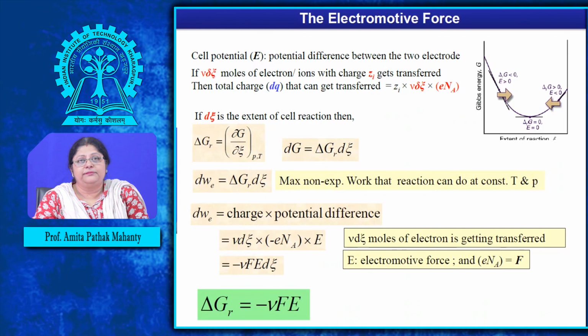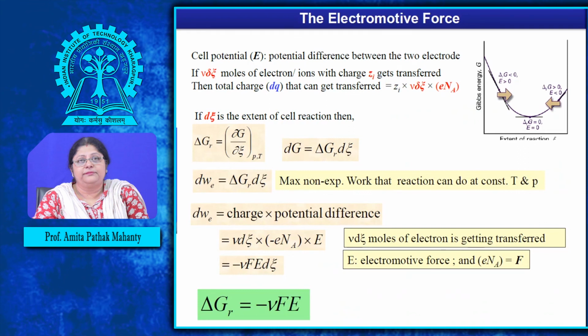The stoichiometric coefficient times the number of moles, with a charge Zi. So the total charge will be Zi times the number of moles of electron, times the Avogadro number.